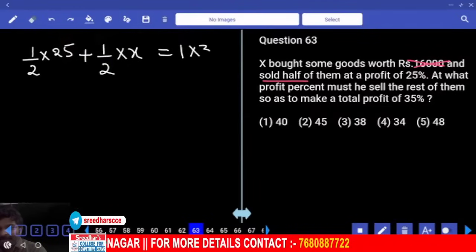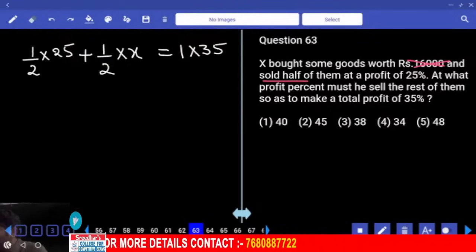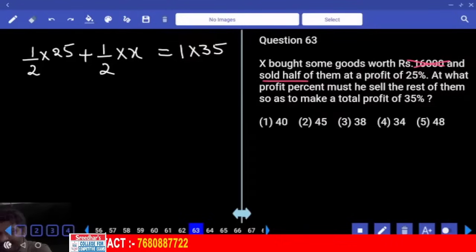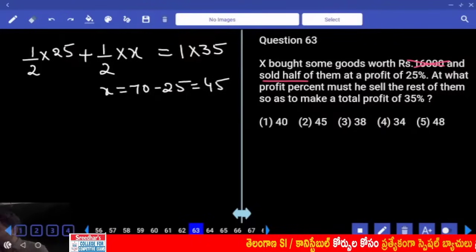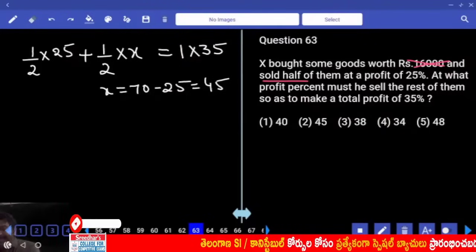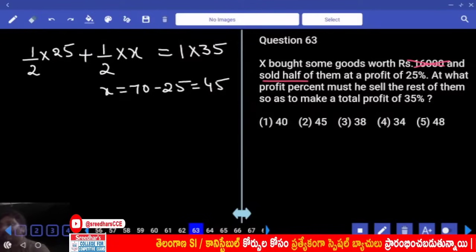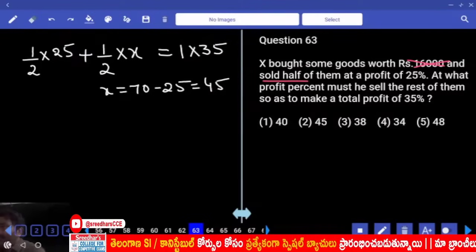Overall that should be equal to 35. 2 taken common from the left hand side, the denominator goes to the right hand side and becomes 70. 25 plus x is equal to 70, and x is equal to 70 minus 25, answer 45. Got it? See, if you can visualize it, you don't have to write anything.